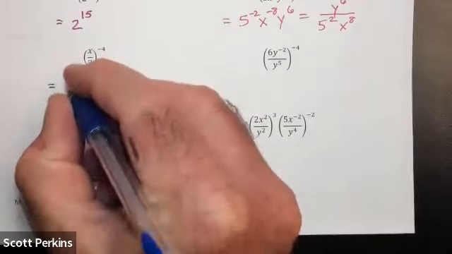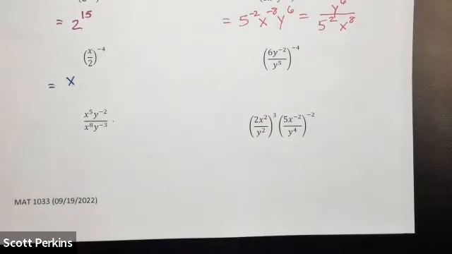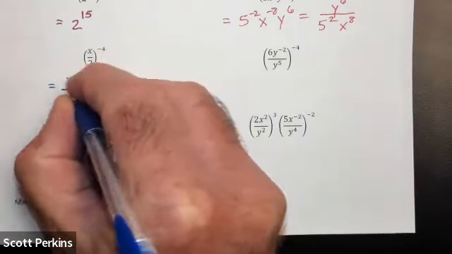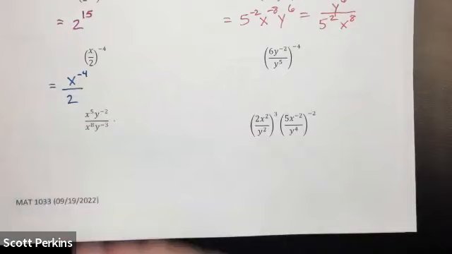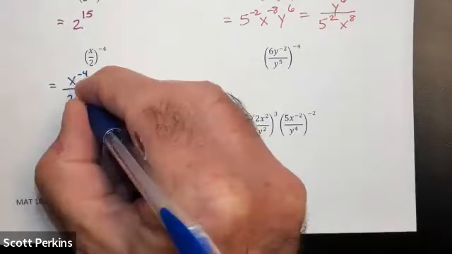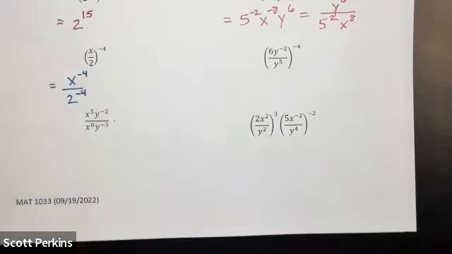So that means in my numerator, x, what's the power on the x going to be? Yep, yes, sir. Appreciate it. What's the power on the 2 going to be? Yep, same thing. So I've got two things with negative exponents.